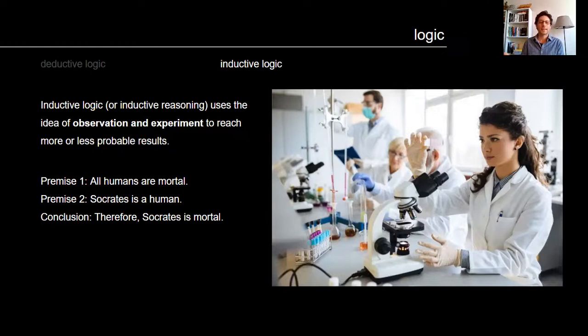Of course, this is a very simplistic example for all of us, right? I mean, we do not necessarily need scientists and laboratories to reach the conclusion that all humans are mortal. But take this as a simple example that explains how all other more difficult examples work. If you are getting a scientific result, you need inductive reasoning.